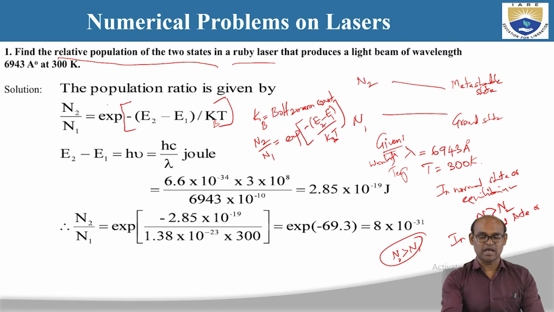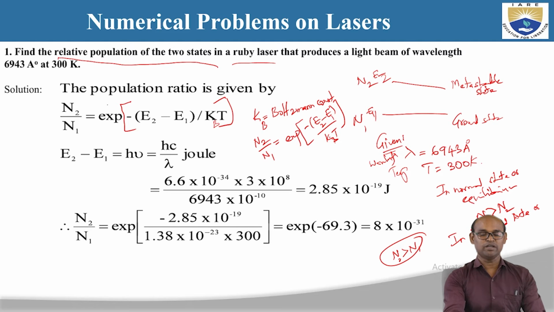First we need to calculate E2 and E1, the energy of state 1 and the energy of state 2. So we are going to find the energies of these two states first, E1 and E2.